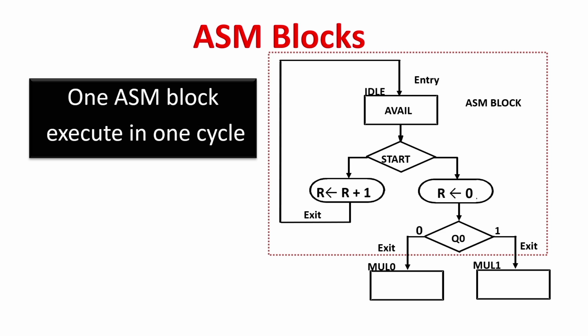And this is another example. In this example there are three states, clearly state 1, state 2 and state 3. These states have associated condition boxes and associated conditional state boxes.